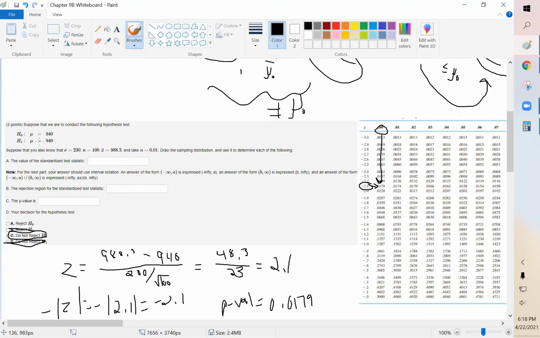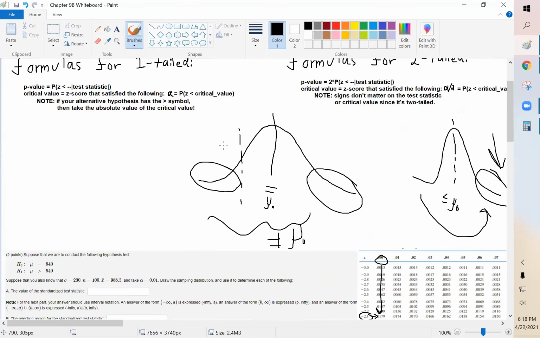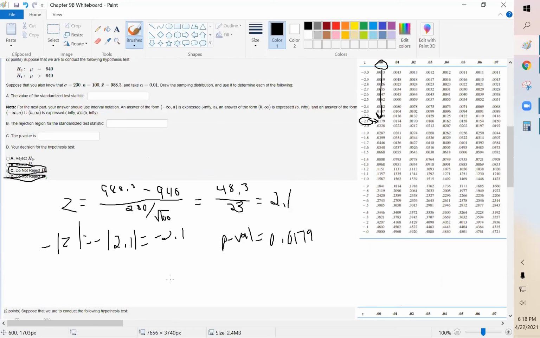This means we're only dealing with one end of the tail, so it is one-tailed. As a note, if it had said mu is not equal to 940, then we'd have two-tailed and use the alpha over 2 formula. So in this case, alpha is equal to P of Z being less than the critical value. Our alpha is 0.01, and this needs to be equal to the Z value. I'll just call it crit.